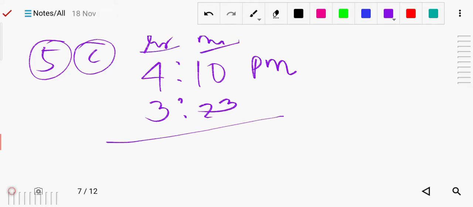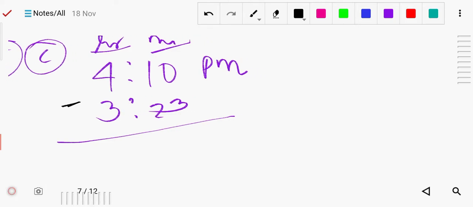So can you subtract it directly with the PM? Actually you can subtract here, but you can see it has no unit, only hours and minutes are given, 3 hours 23 minutes to subtract.